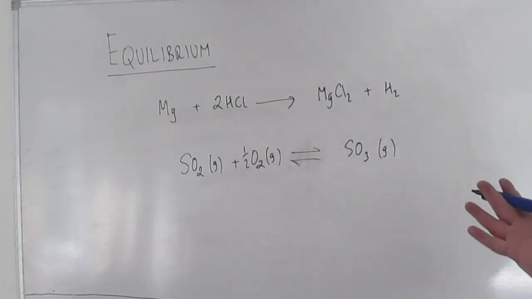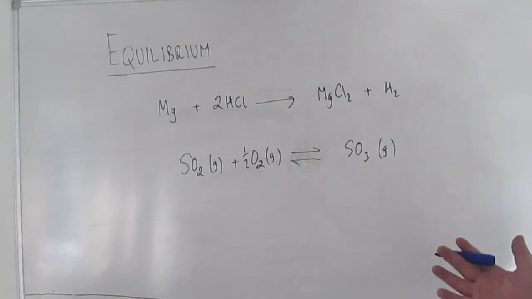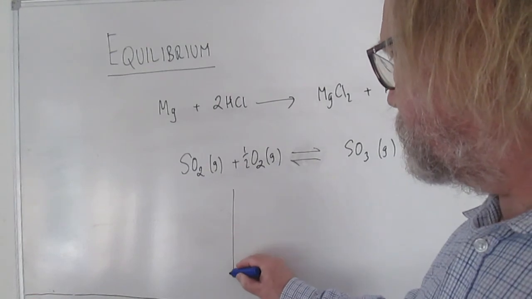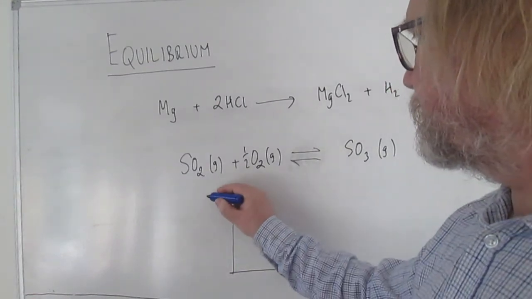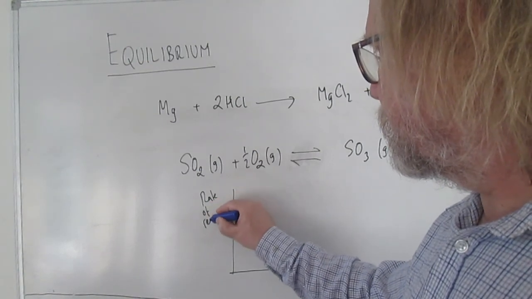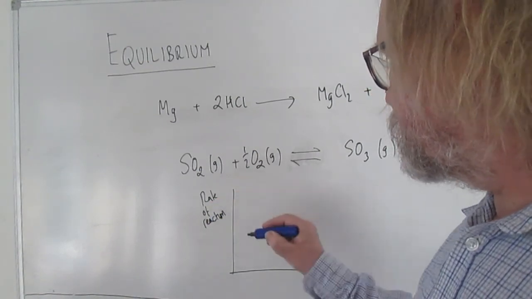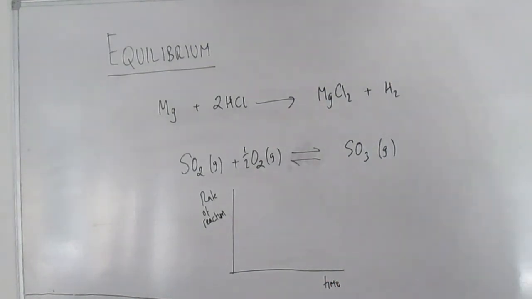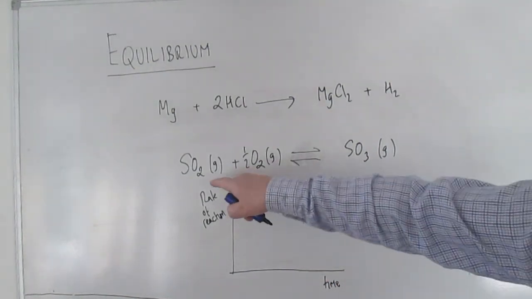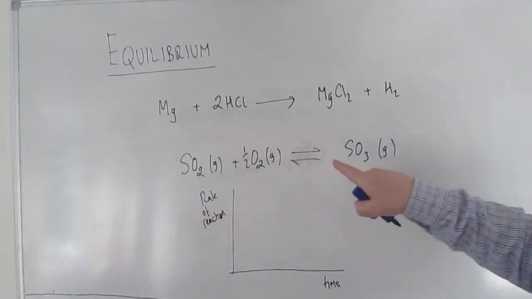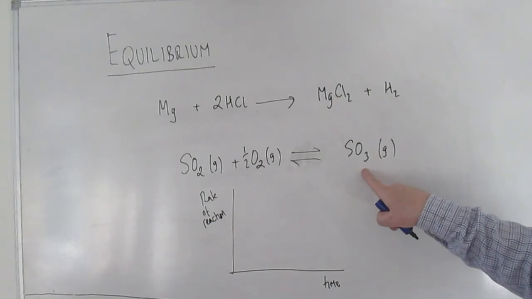So we can picture what happens a little bit more if we imagine a graph. So suppose we're going to plot a graph of rate of reaction as a function of time. So let's imagine that we start with a mixture that just contains SO2 and oxygen and doesn't have any SO3 in it.